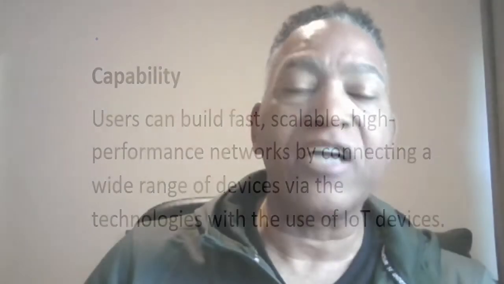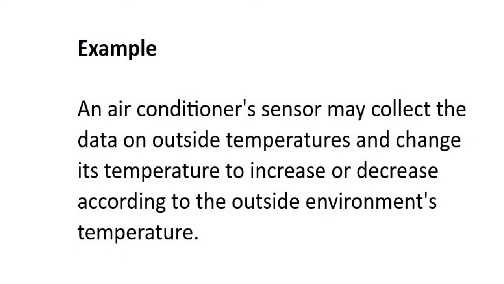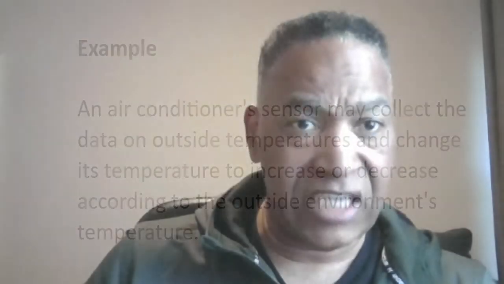For example, an air conditioner sensor can collect data from outside of your house or your apartment or wherever you may live and change its temperature to increase or decrease based on the temperature of the environment. Likewise, a refrigerator might change its temperature accordingly, right? It senses that the temperature is not where you would like it to be, and it makes the changes by itself without human intervention.